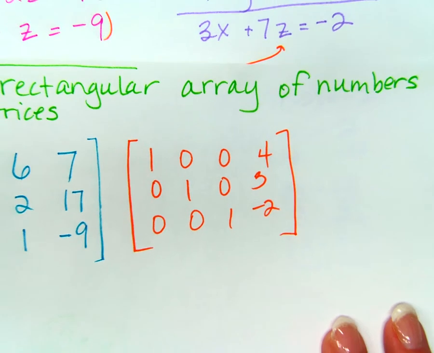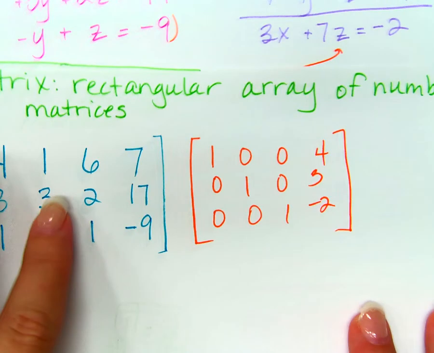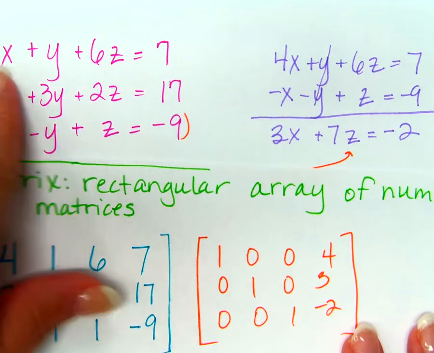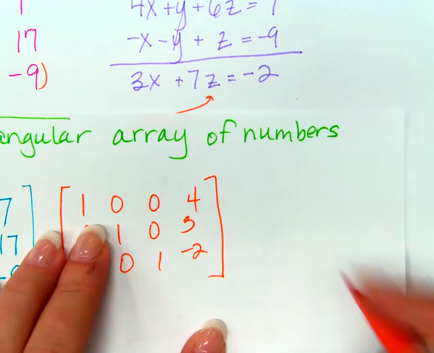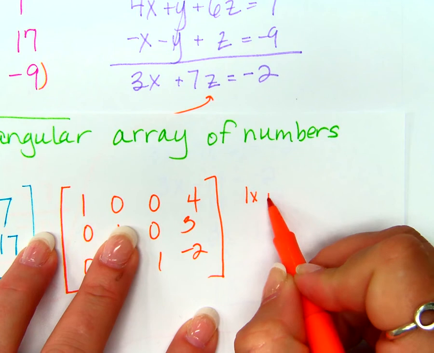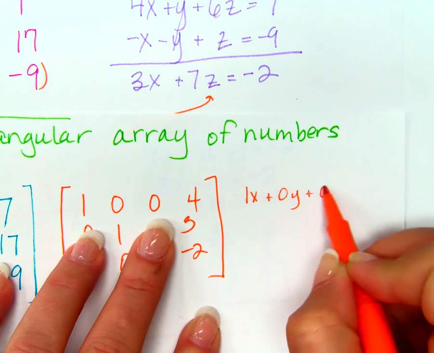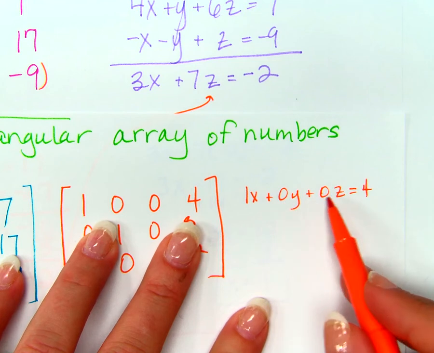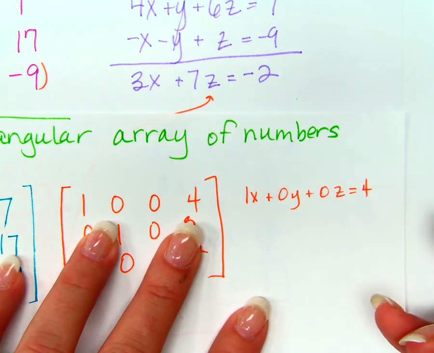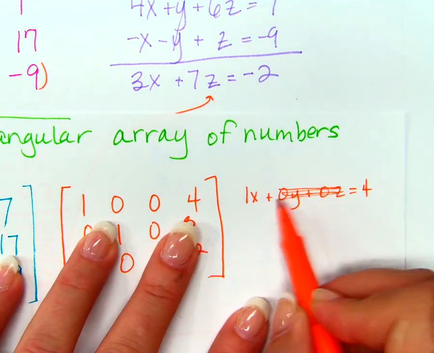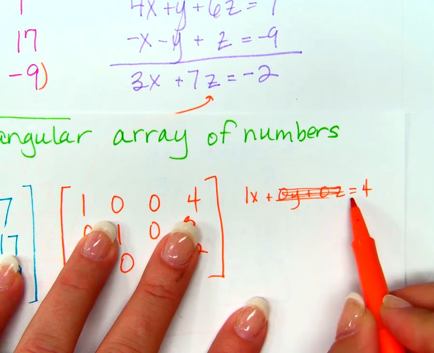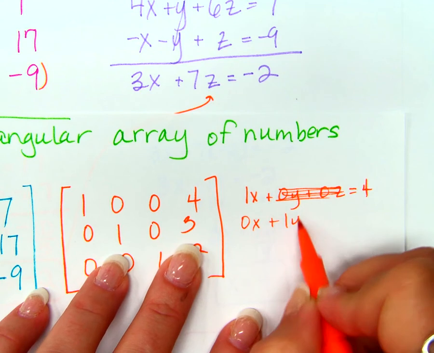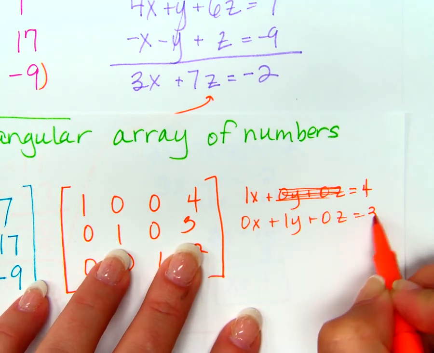Where did these numbers come from to begin with? From the problem, right? What if I converted it back into a problem? It would say 1x plus 0y plus 0z equals 4. But 0y and 0z, we don't care about them, so what this actually says is x equals 4. 0x plus 1y plus 0z equals 3.